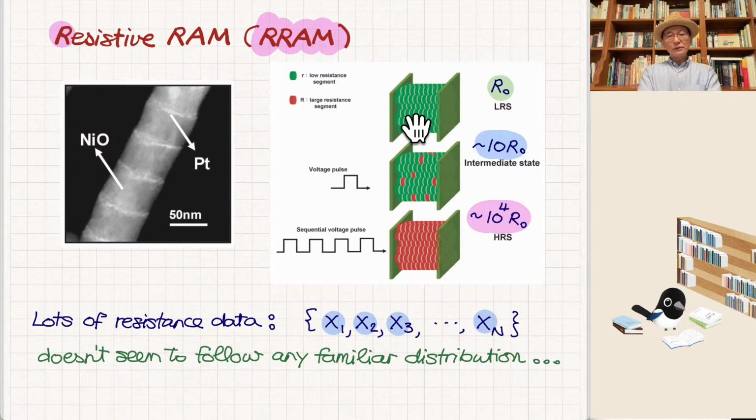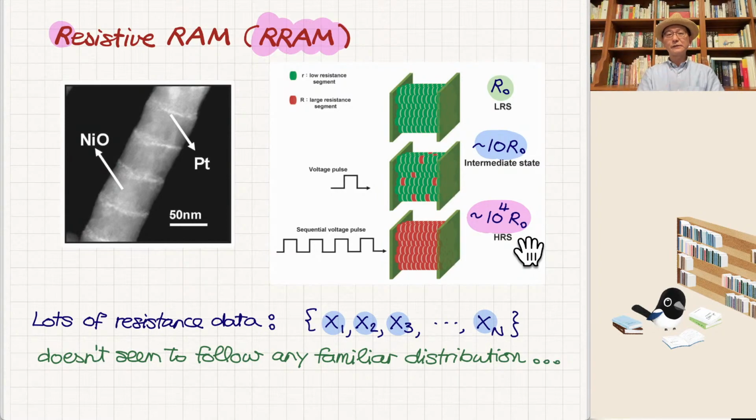Originally, without any treatment, this R0 is relatively small, but if you send in a current pulse, this resistance just jumps 1 decade up. That means 10 times. And if you send in a sequence of 4 voltage pulses, it jumps up to 10,000. That is 10 to the order 4.